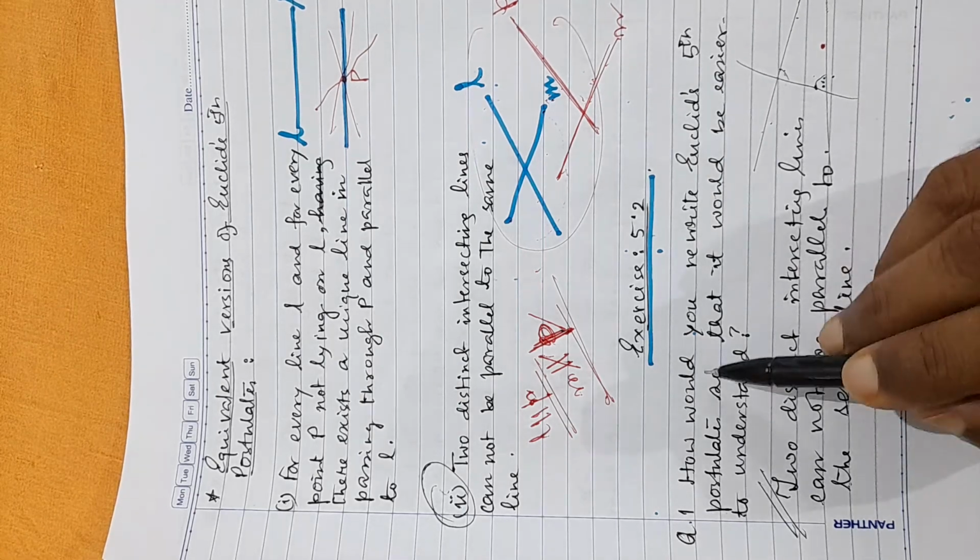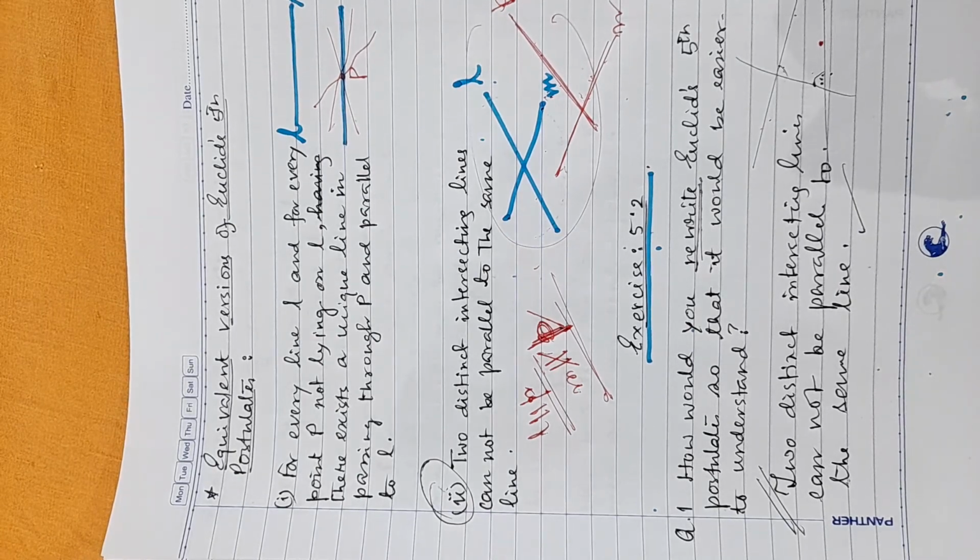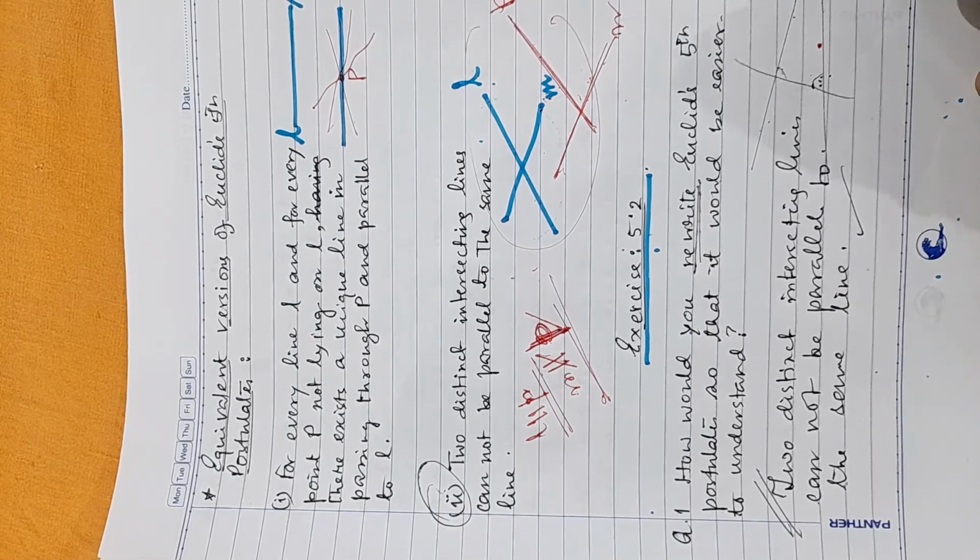We can write Euclid's fifth postulate in this way also. Two distinct intersecting lines cannot be parallel to the same line.